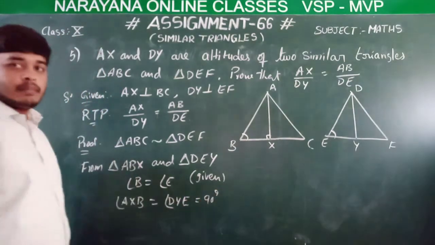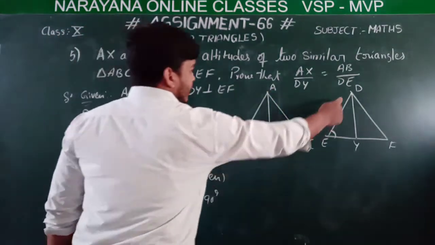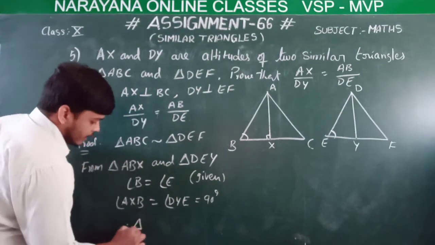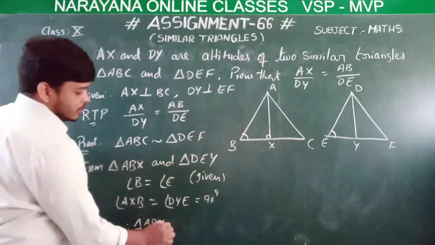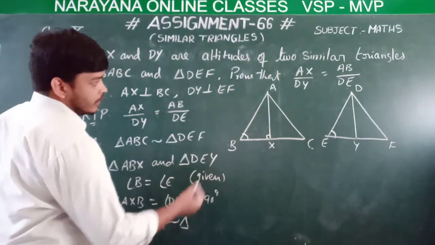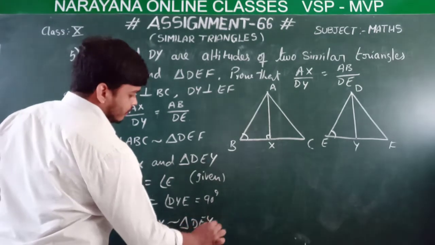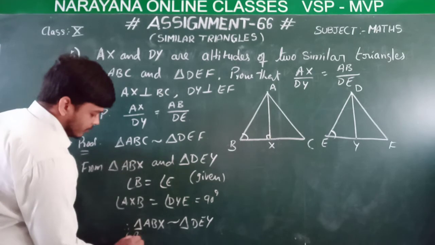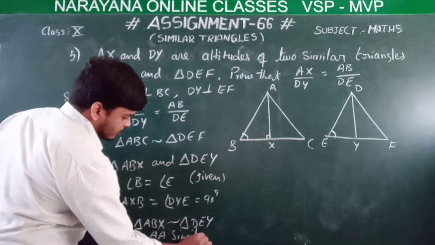By AA similarity, these two triangles, triangle ABX and triangle DEY, are similar. Therefore, triangle ABX is similar to triangle DEY by AA similarity.